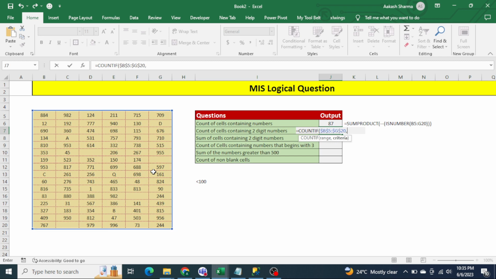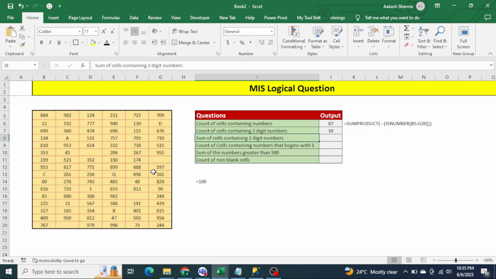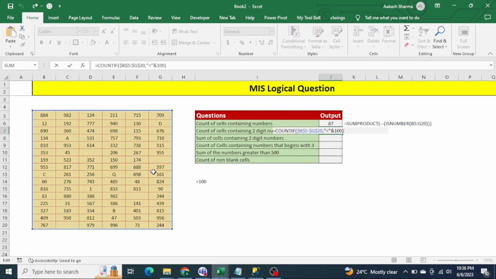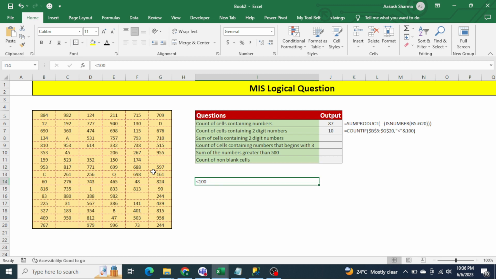In this range, whatever the value we have less than 100, I want the count. I press enter. Out of 92 cells, there are 10 cells which contain numbers whose length is 2. That is what we have done. It's very simple. These are very important questions, I believe. This will help you a lot for your interviews and for your daily work as well.